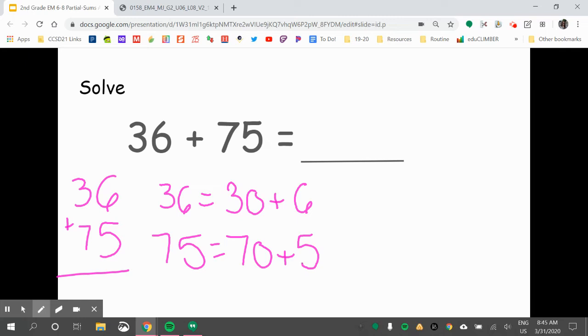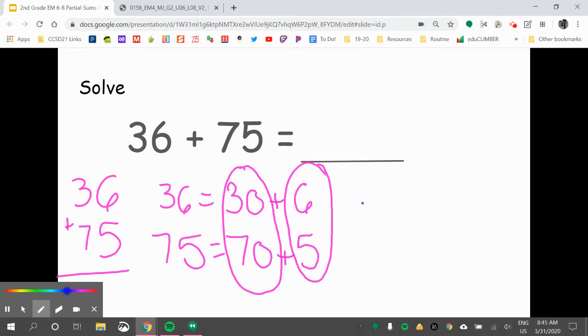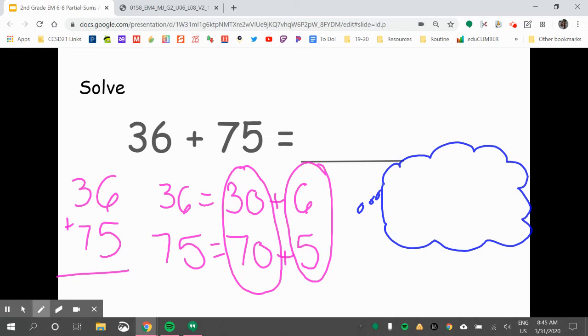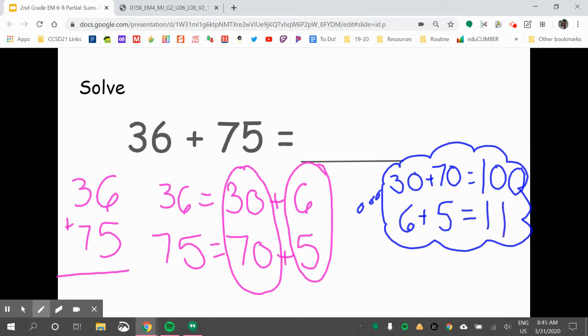Now I'm ready to combine my tens and combine my ones. So I think about this, draw my little thought bubble, as 30 plus 70 and 6 plus 5. 30 plus 70, well, I know that 3 and 7, that's a combination that makes 10, so that's going to give me 100. 6 plus 5, that gives me 11.